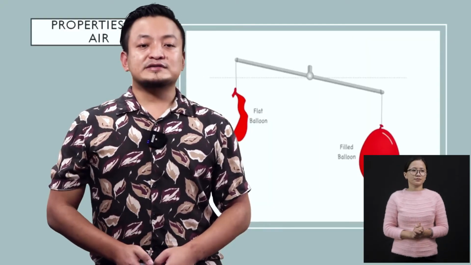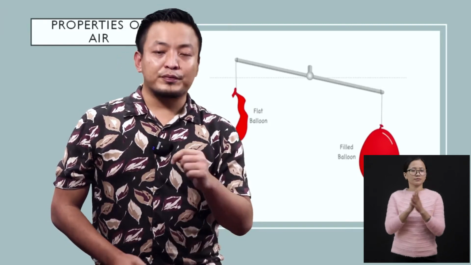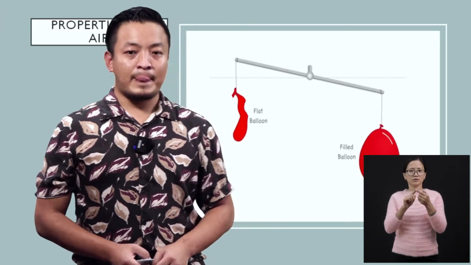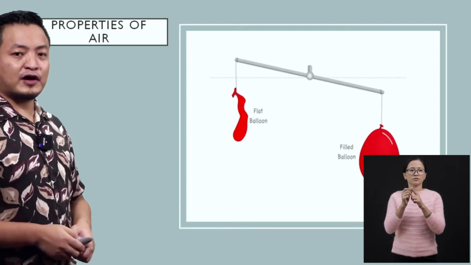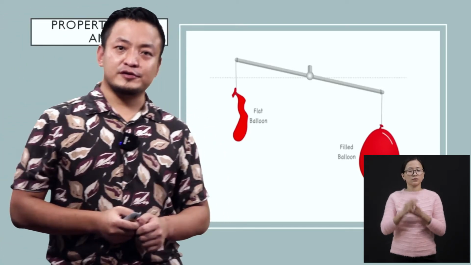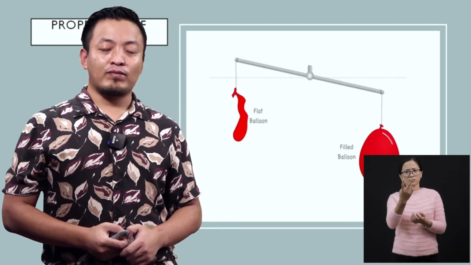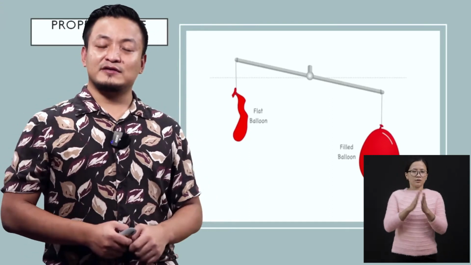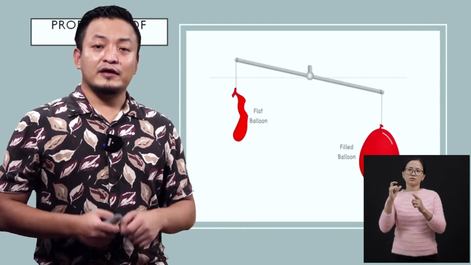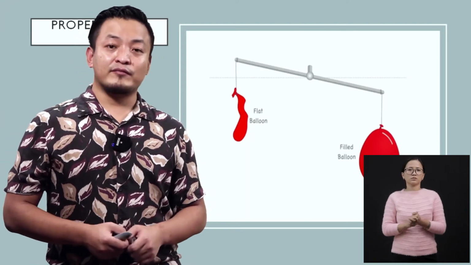Now we will discuss the properties of air. So you can have a look at this picture. So we will discuss properties of air. Now, from this picture, what do you observe? Air occupies space, right? Air occupies space.